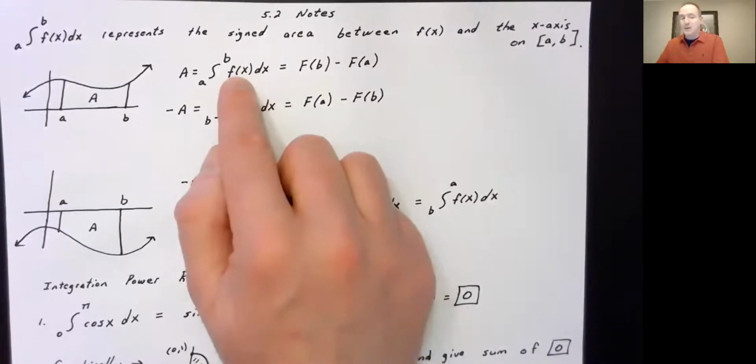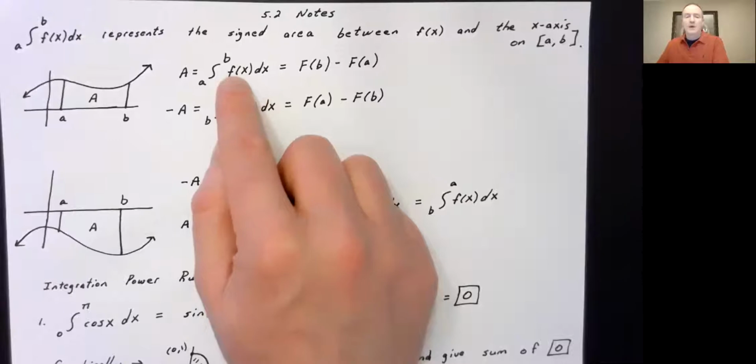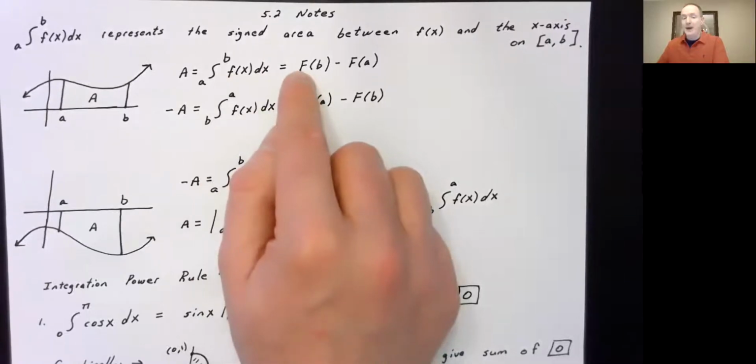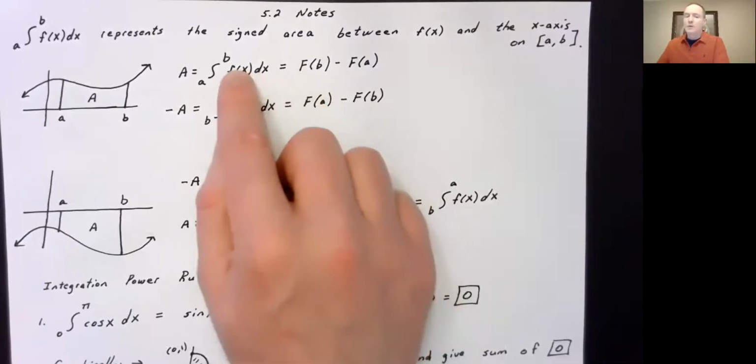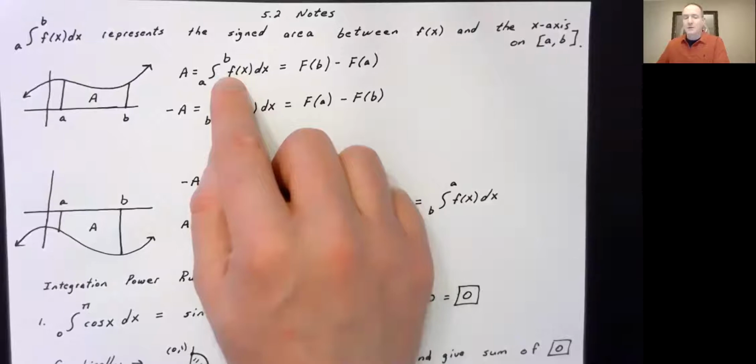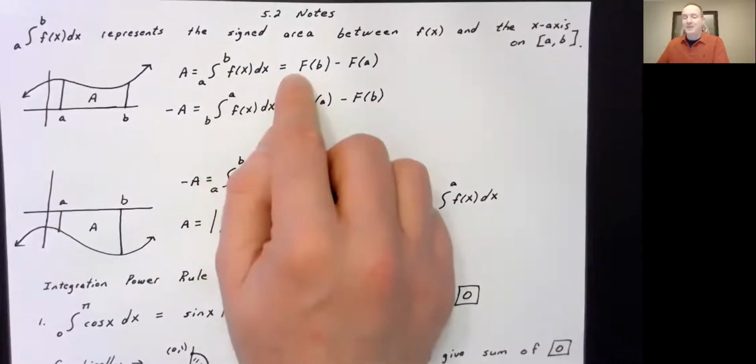Whenever we integrate the function f of x, and we'll talk about our formulas for integration in upcoming sections, the integral of lowercase f of x is denoted by a capital F. So whenever we integrate this function, you would take whatever the integral is and evaluate it at the top limit.